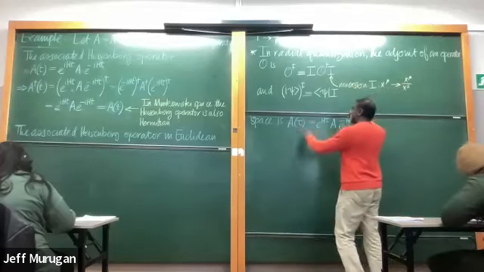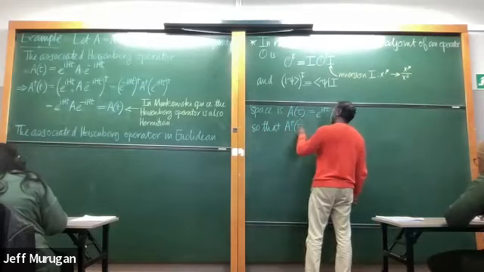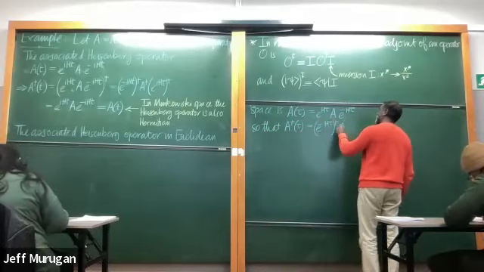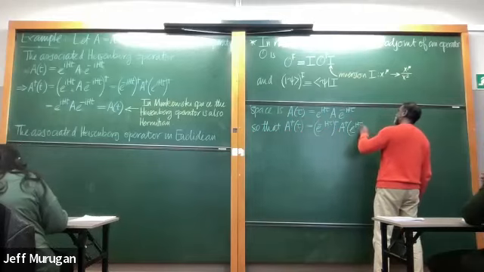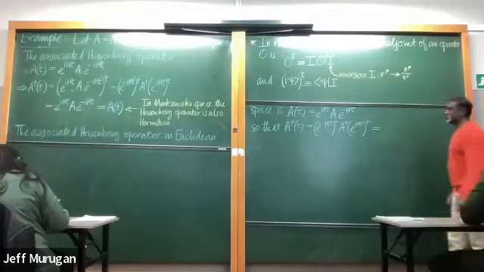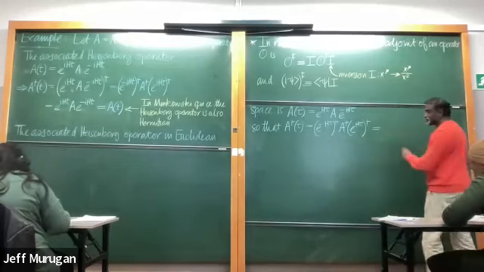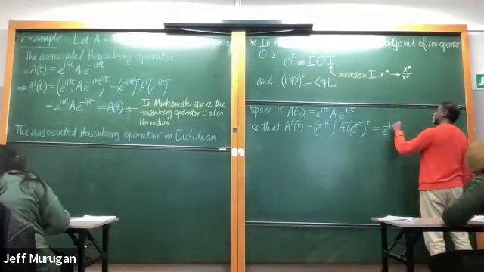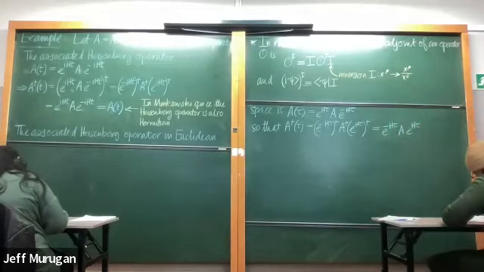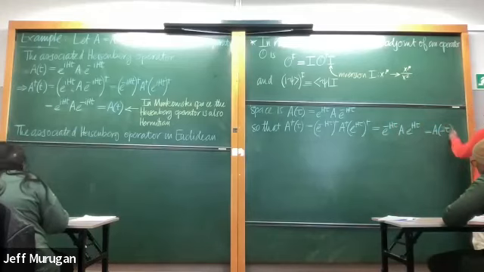Now if I take the Hermitian conjugate of this, A dagger of tau is e to the minus H tau dagger, A dagger, e to the H tau dagger, which is e to the minus H tau, A dagger, e to the H tau, which is just A dagger of minus tau.